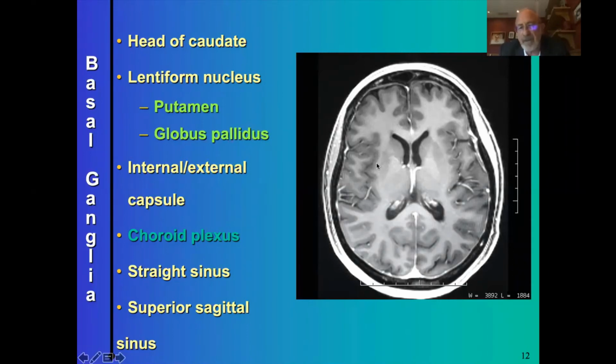But what they found out later, and we can't quite see it on my slides, perhaps on a higher resolution MR image, you'll see a small membrane or lamina that tells us the lentiform nucleus is made up of two components. The medial one is called globus pallidus, and the one that's lateral is referred to as the putamen.